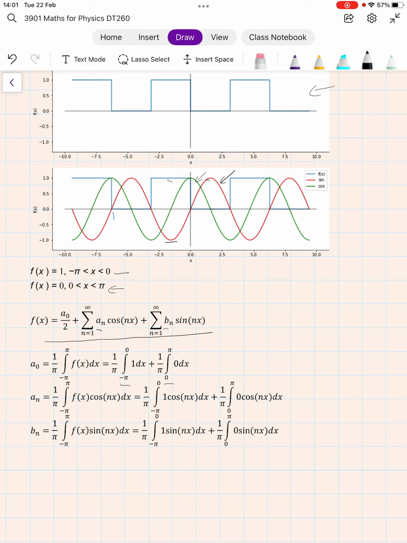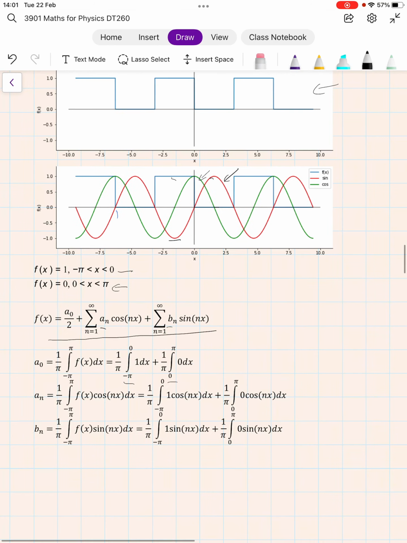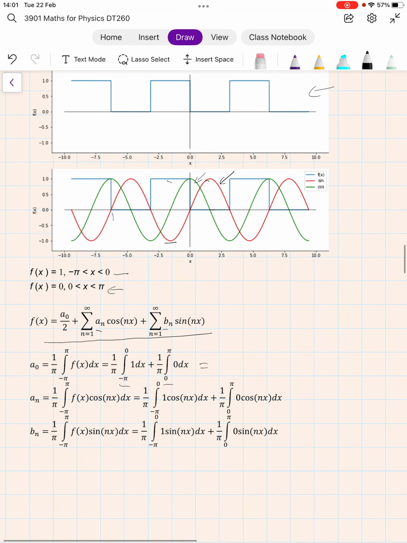So we have an integral of 1 from minus pi to 0 and from 0 to pi. And that's exactly what I've rewritten here. Integrating this, what I have is 1 over pi x from minus pi to 0 plus 0. And that's equal to 0 minus minus pi, all divided by pi, so that's equal to 1.